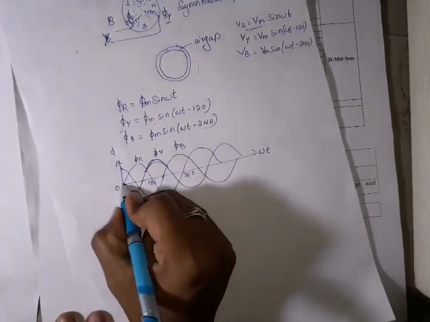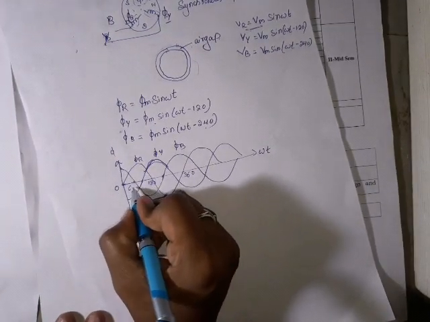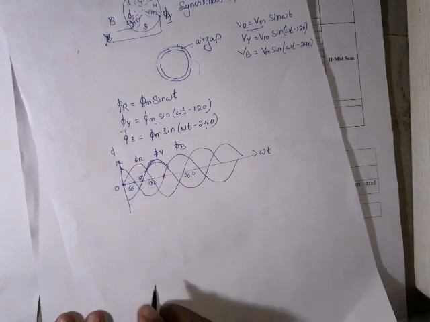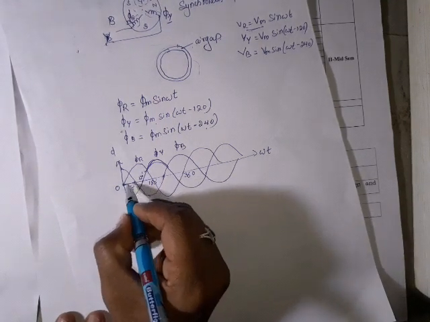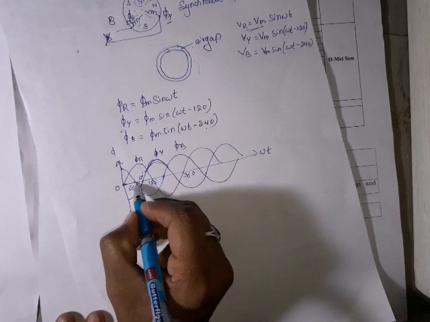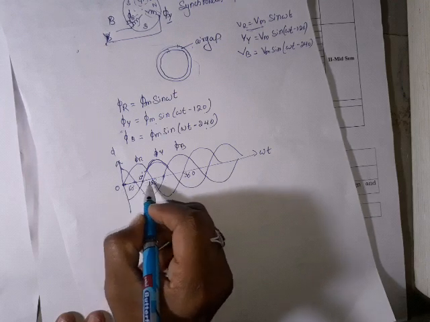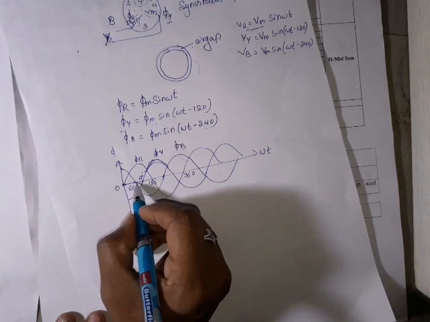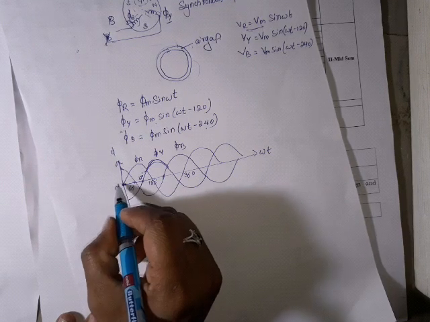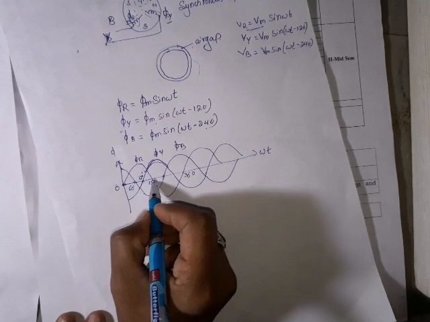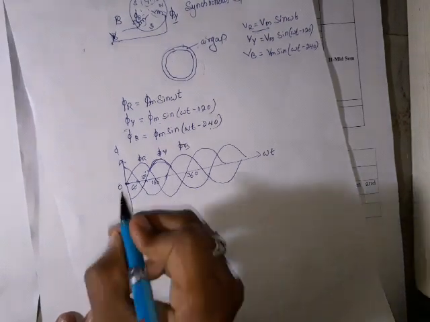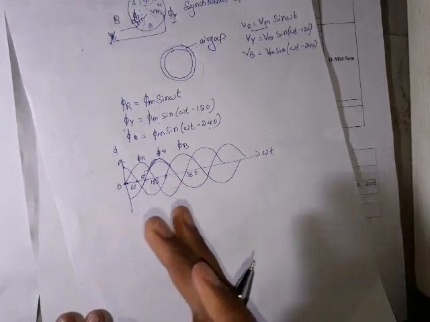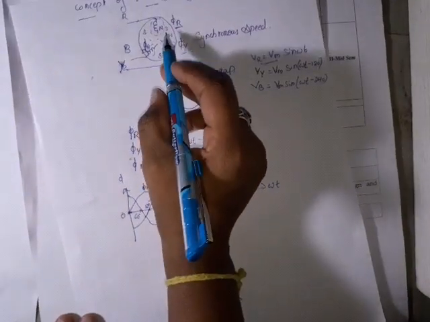So this is 0 degree, this is 60 degree, this is 120 degree, this is 180 degree. From 0 to 180 there are 3 equidistant points, so dividing 180 by 3 gives 60 degree: 60, 120, 180. If we consider this point, let me check the magnitude of flux.